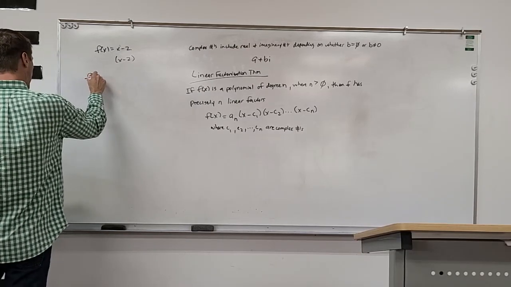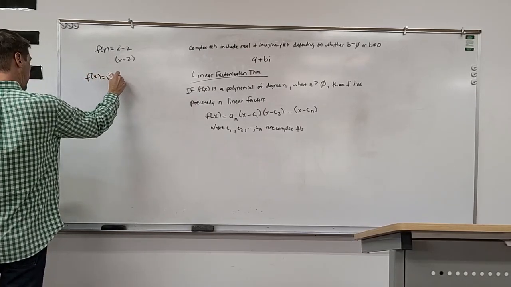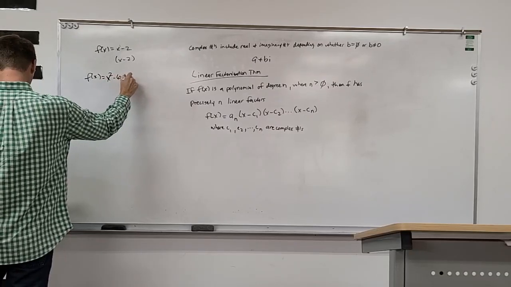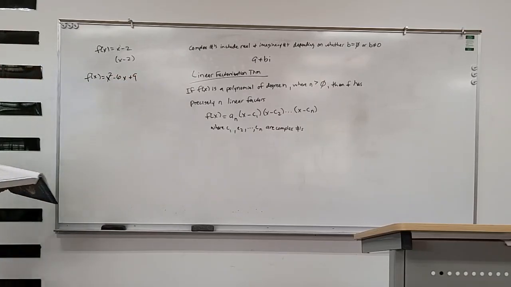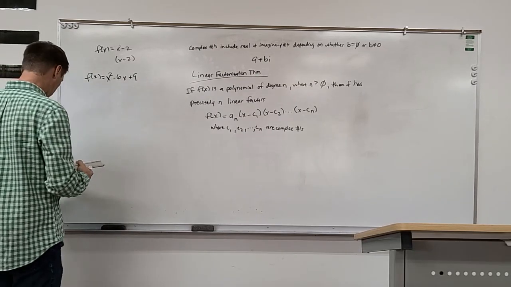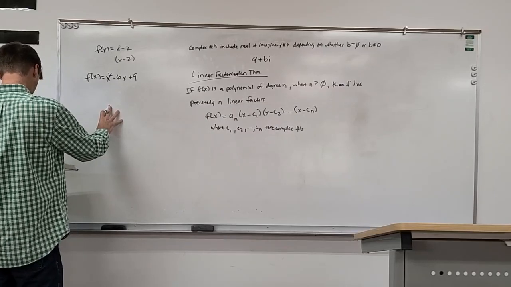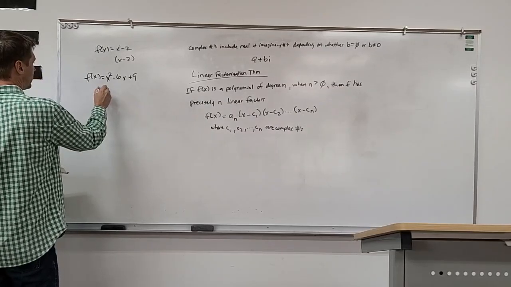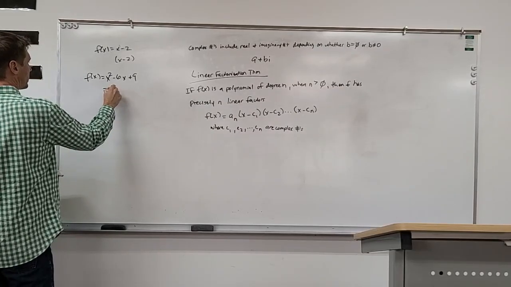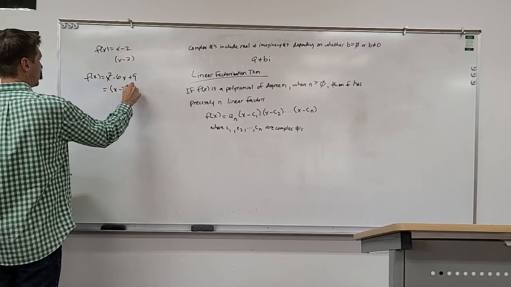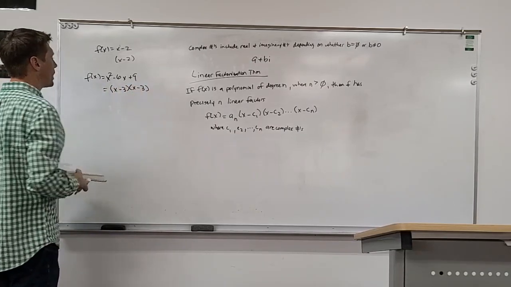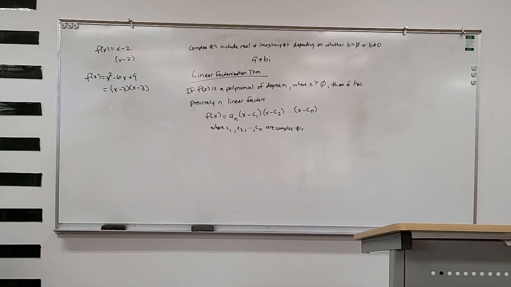If we have f of x equals x squared minus 6x plus 9, how many zeros does that one have? It has 2, two zeros that are complex numbers, right? We could factor that and prove it: this is x minus 3, x minus 3. So we notice with this one that we get the same zero.